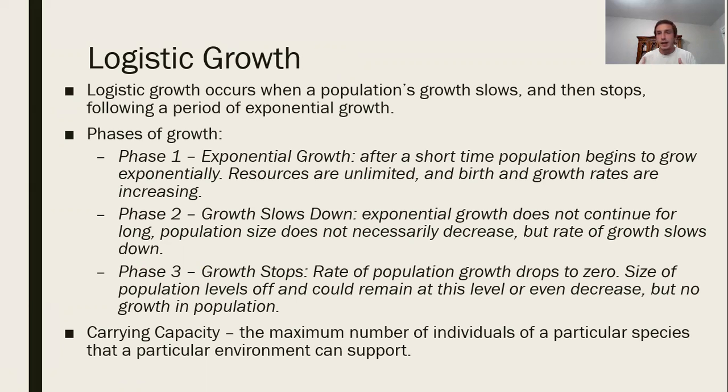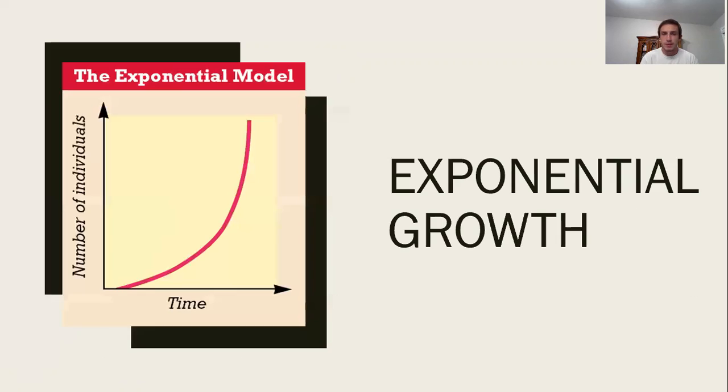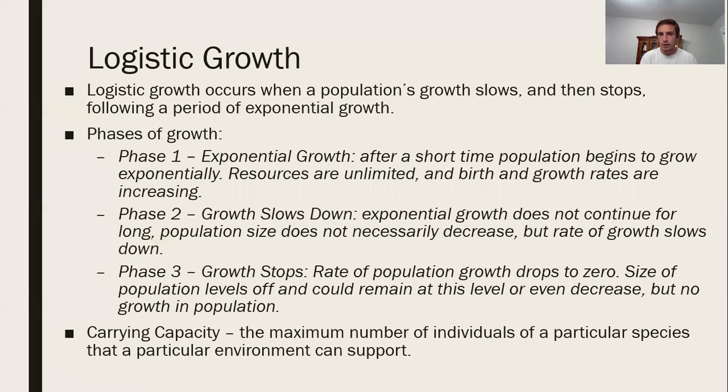So phase 1, exponential growth, the exact same thing we were just talking about, is the beginning of this. And so we're going to grow with unlimited resources and things are going to be great. But as we begin to grow, those resources become a little less unlimited or abundant. And so that moves us into phase 2, and growth is going to slow down.